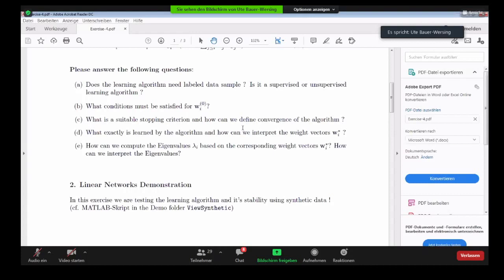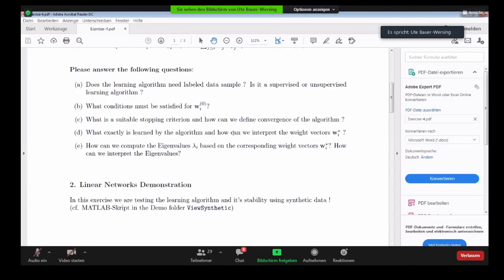And what we are doing is basically diagonalizing the covariance matrix, and this gives us a set of orthogonal vectors, the so-called eigenvectors of the covariance matrix, and they are orthogonal to each other.